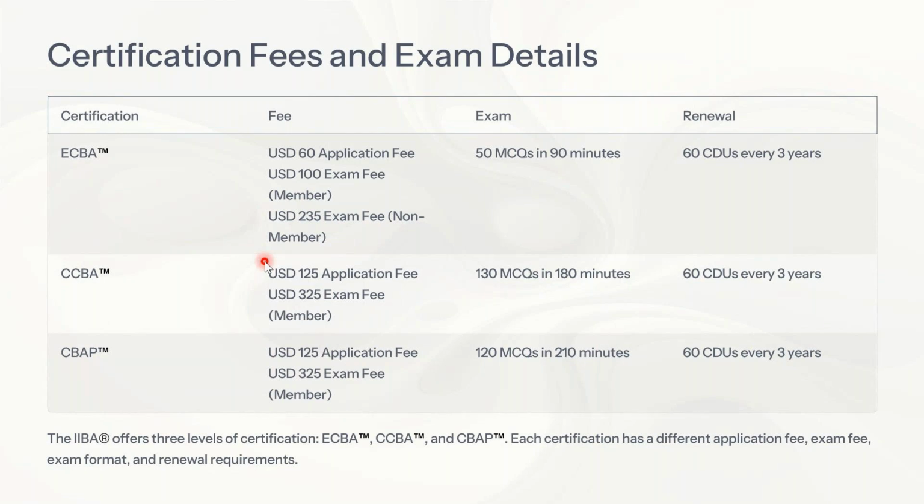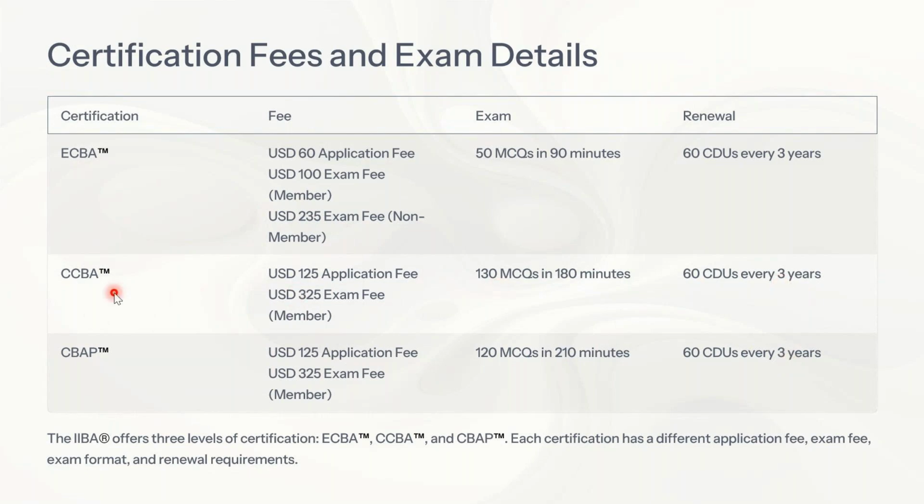Now most of these certifications, earlier when we used to do certifications, would remain valid for your lifetime. Now things have changed or evolved. Now no one is giving certification with lifetime validity. So all these certifications will come with a 3-year validity, and after every 3 years, you will have to renew them.